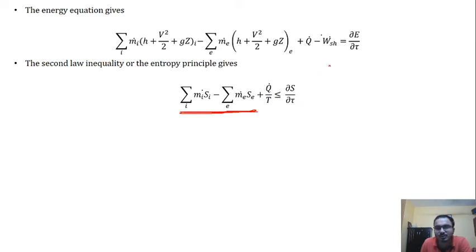So if you recall, dS upon dτ was always greater than or equal to Q dot upon T plus this sigma part. I am simply reversing the equation so that it will be an easier version for you to understand.